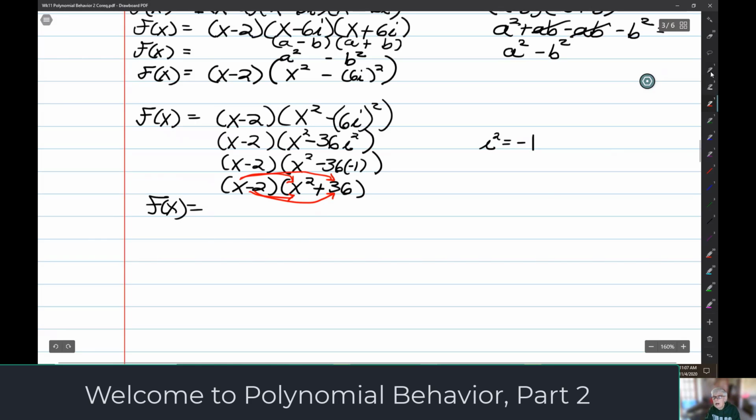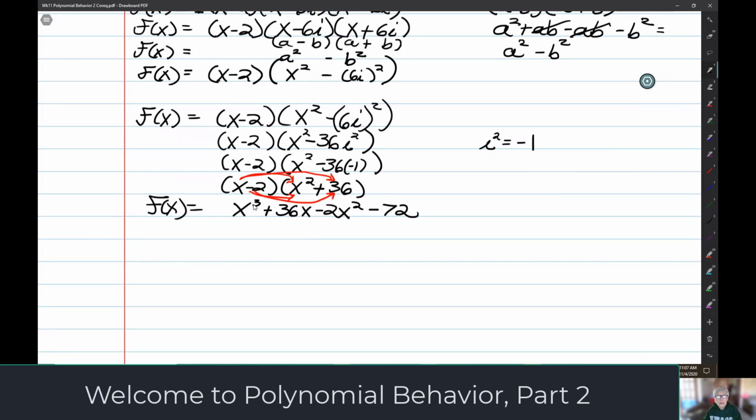What this will give us is x to the third plus 36x minus 2x squared minus 72.